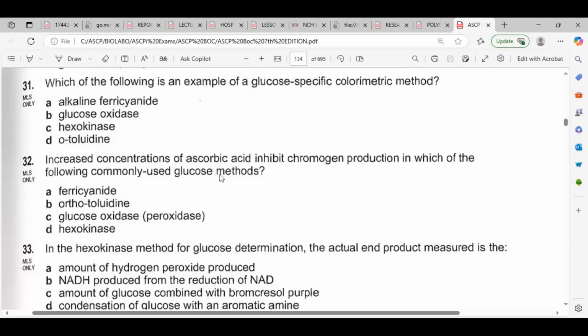For our new participants who did not cover chemistry, don't worry, we're going to have chemistry very soon, after methodology and blood banking. But for those who covered our chemistry, you remember where ascorbic acid is written in our notes. Which method of glucose does ascorbic acid inhibit a chromogen?